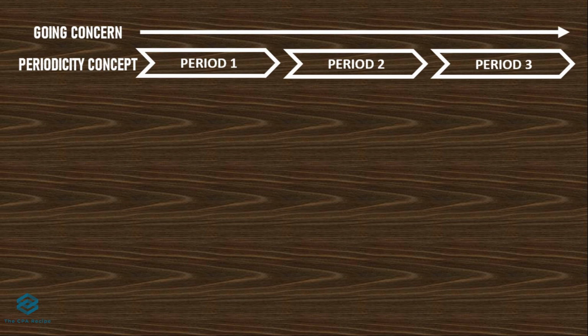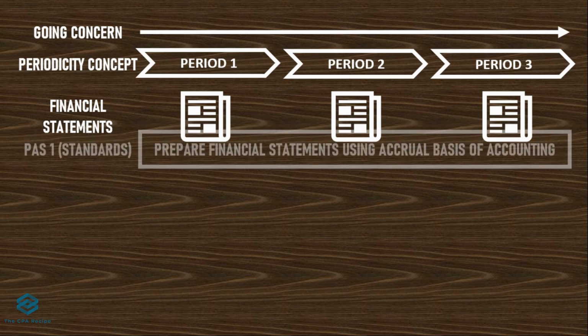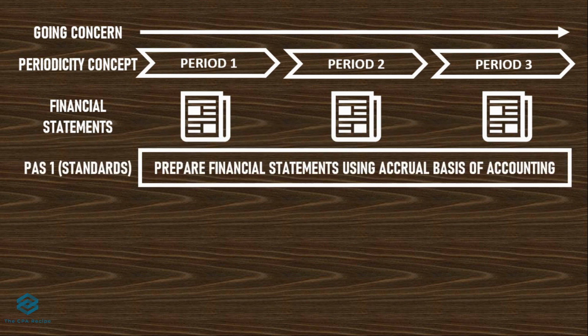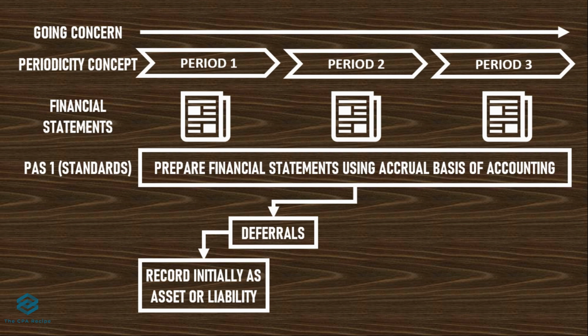Now, in each accounting period, we prepare the financial statements in accordance with the accrual basis as required by the standard PAS 1. Now, para maging compliant with the requirement na accrual basis na presentation ng financial statements, we delay the recognition of certain items as income and expense, and these are those that we call deferrals.